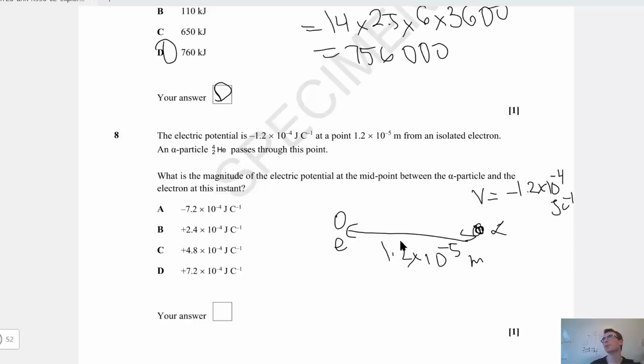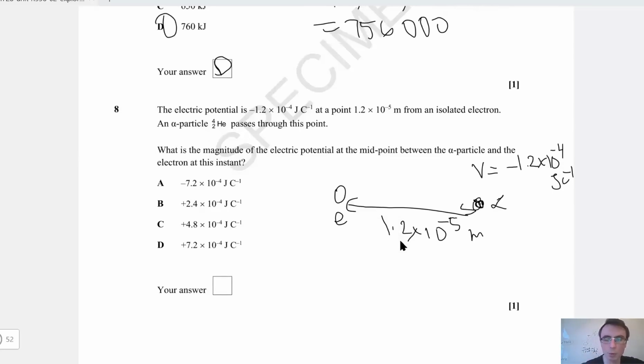It'll be tempting to go into long calculations, but let's just split it into two. Imagine if suddenly right over here you didn't have an alpha particle, but you had just a proton.